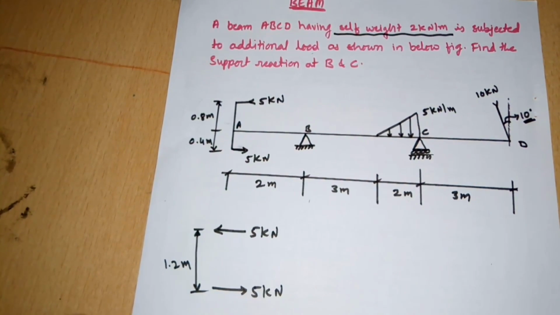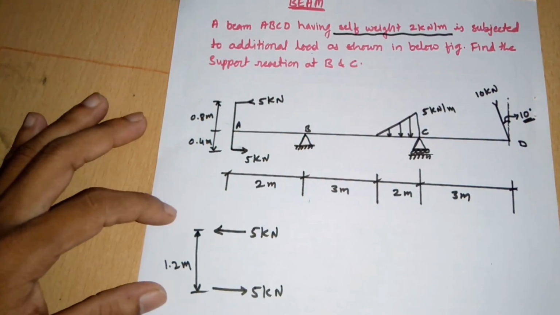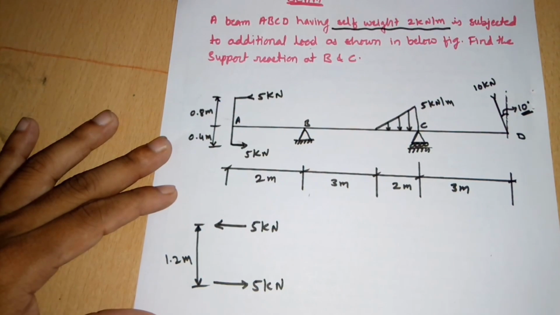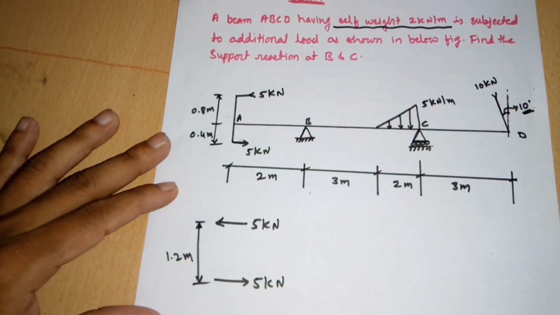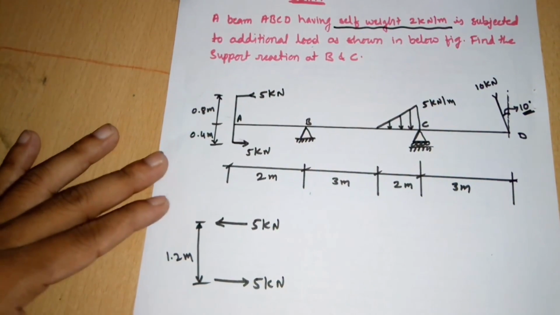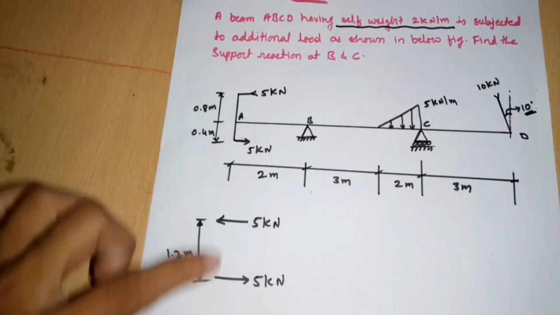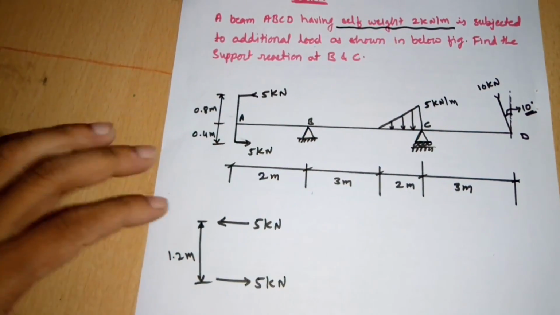Now we know the definition of couple. A couple constitutes two forces which are equal in magnitude and opposite in direction. Means these two forces can constitute a couple.